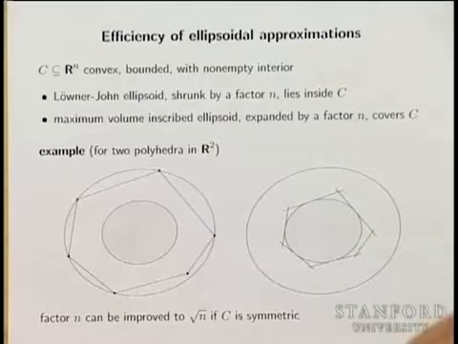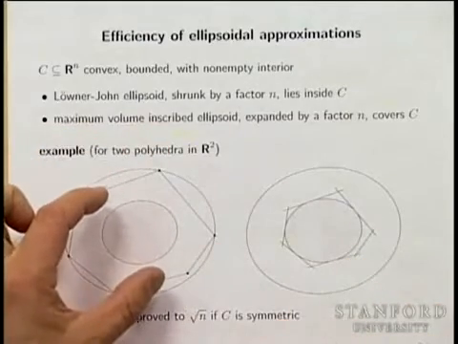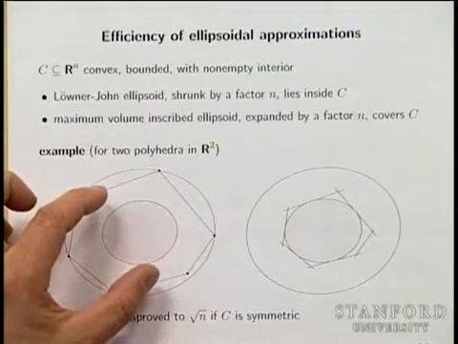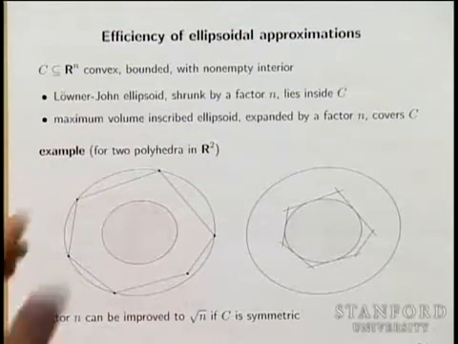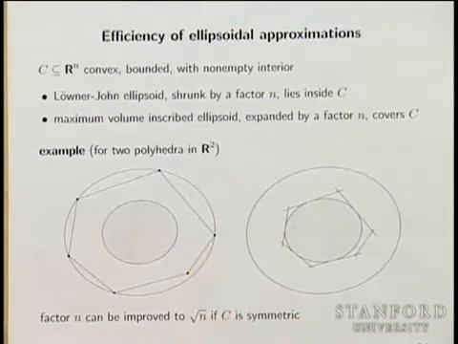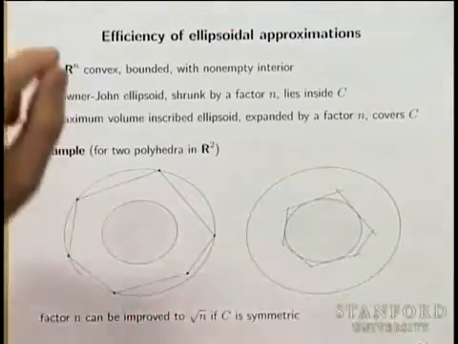That's what it means. Because I would split the difference here, right? I'd shrink this ellipsoid by square root n. And then I get one where if you scale it by square root n, you cover. If you shrink it by square root n, you're inside.